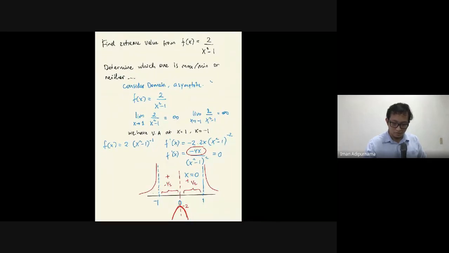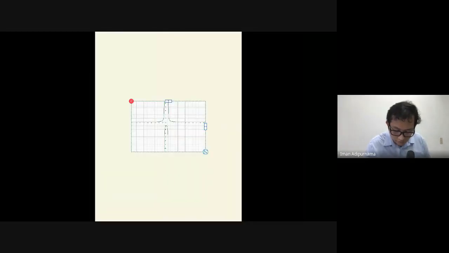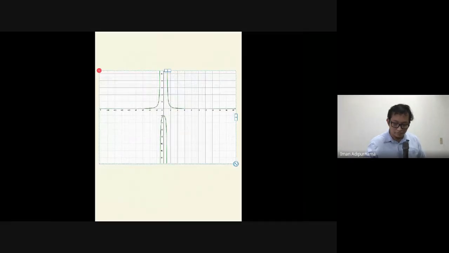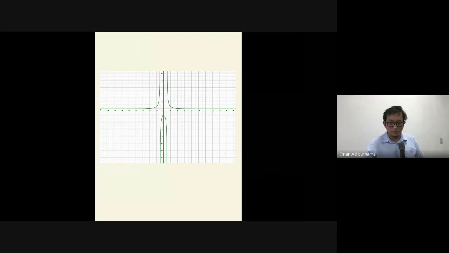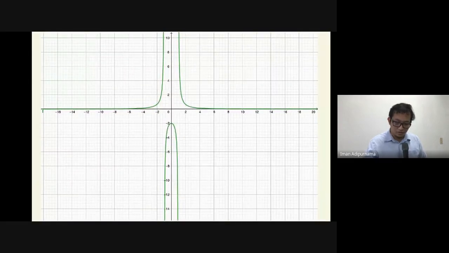So let me put the original graph. Okay, this is the graph. So at x equals 0, the value is -2, but this -2 is a max.